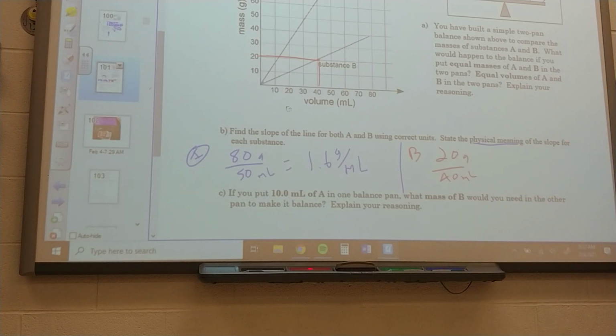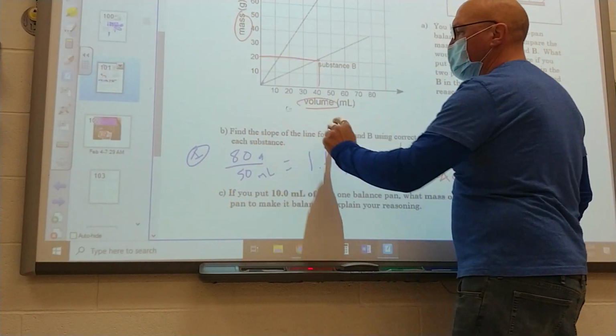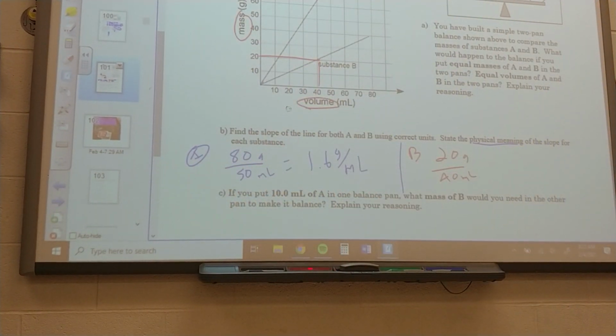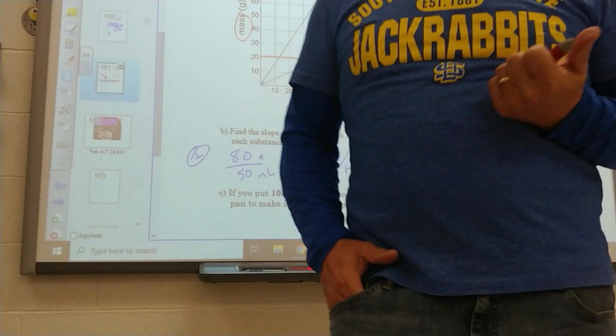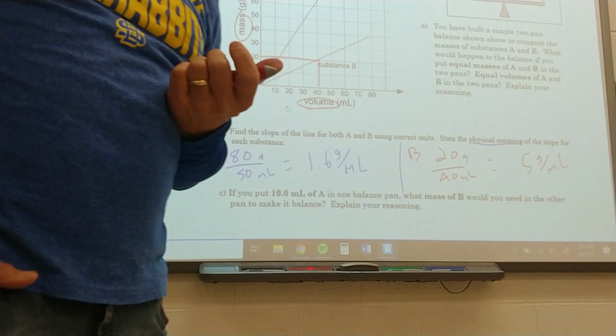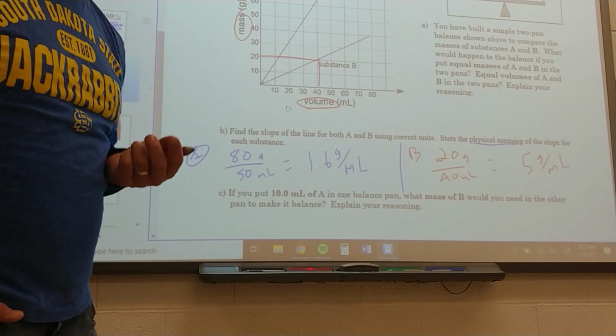You see, what we're doing is finding the slope, which is rise over run. But since its slope is mass over volume, what we're really doing is figuring out the density of these things. And I'm going to get 0.5 grams per milliliter. It means that a milliliter of B would have a mass of 0.5 grams. Or it means that if we had 0.5 grams of B, it would have a volume of 1 milliliter.